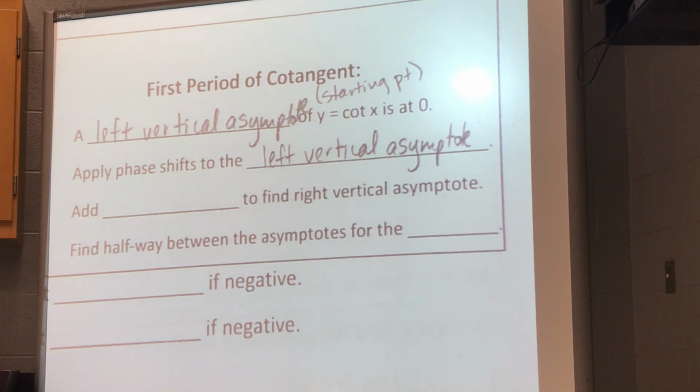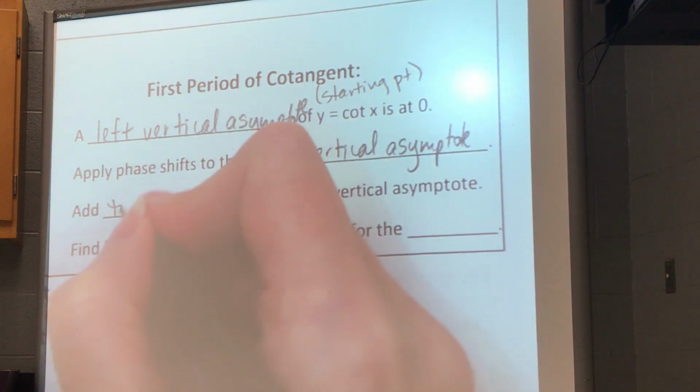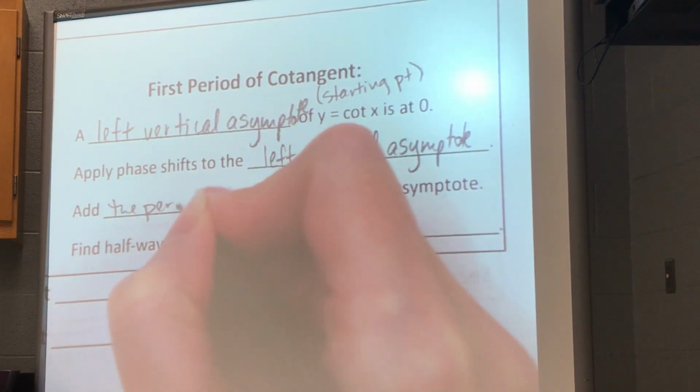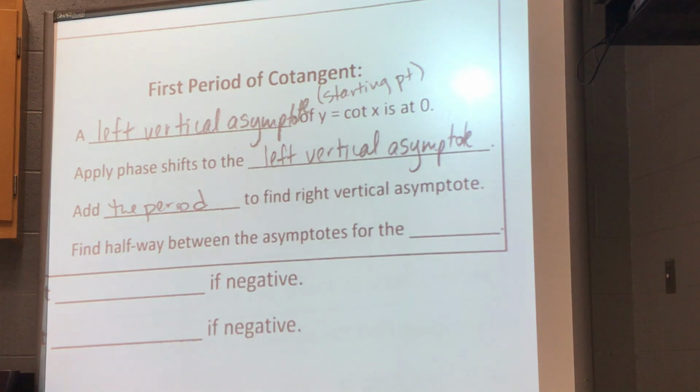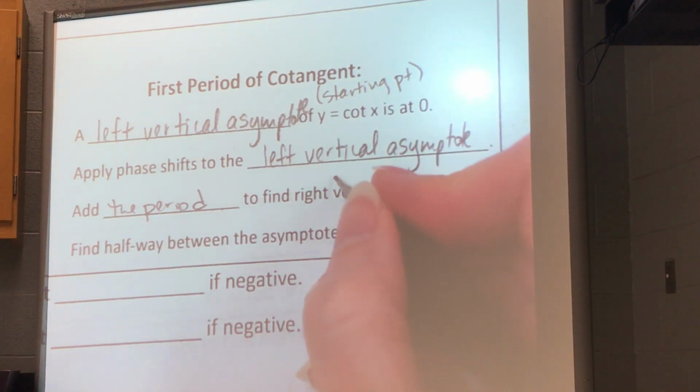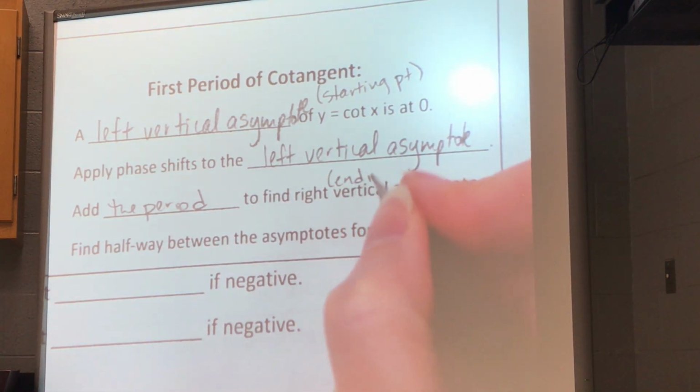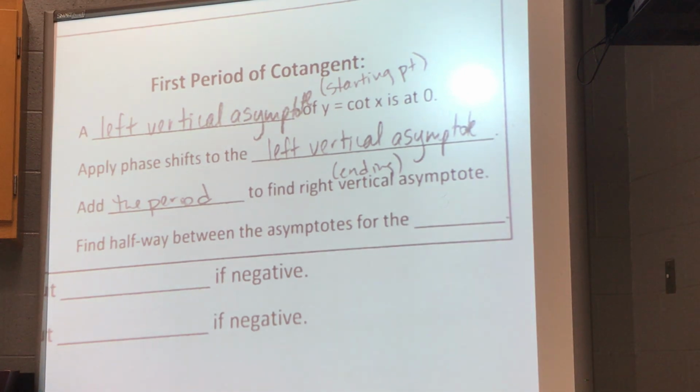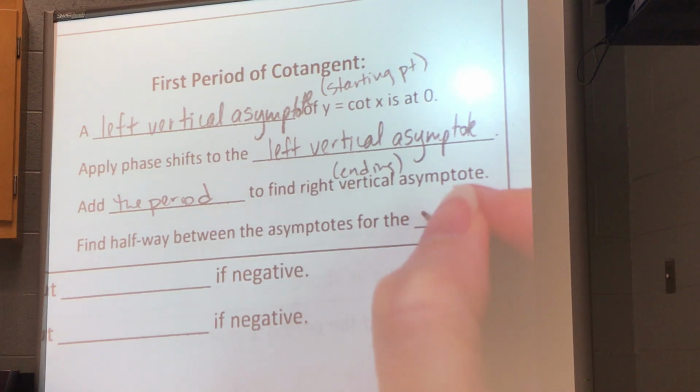All right, and then to find the ending point, we're going to add the period to find the right vertical asymptote, which is going to be ending. And then directly in between the asymptotes is where you have the x-intercept. So we just find halfway to get the x-intercepts.